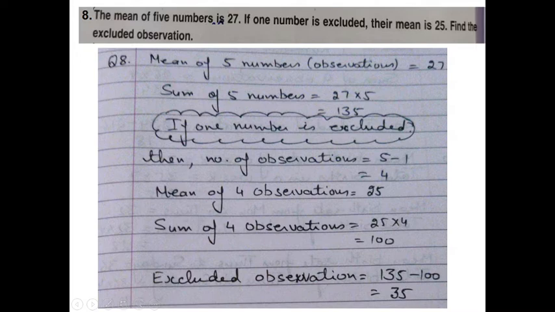So the excluded observation would be the sum of the 5 numbers, 135, minus the sum of the 4 numbers. So 135 minus 100, that would be 35.